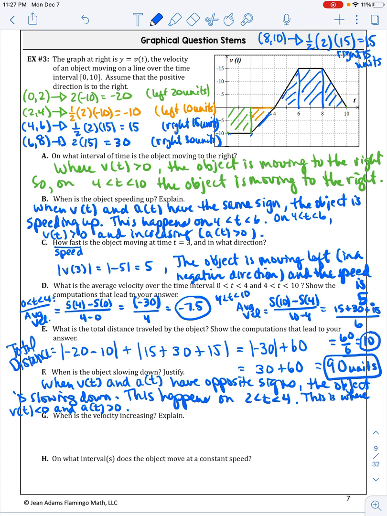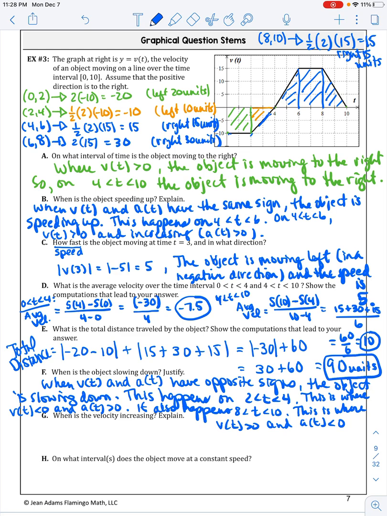And then it also happens on the interval from 8 to 10. This is where your v of t is greater than 0 and your a of t is less than 0.